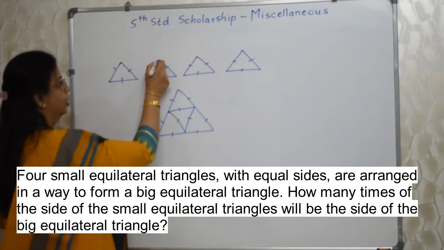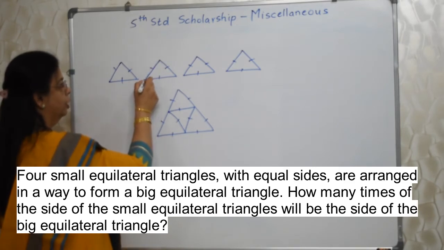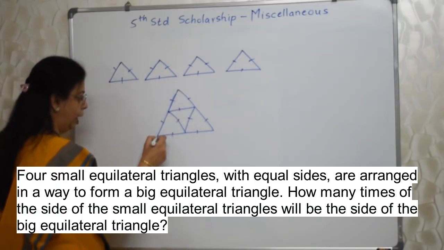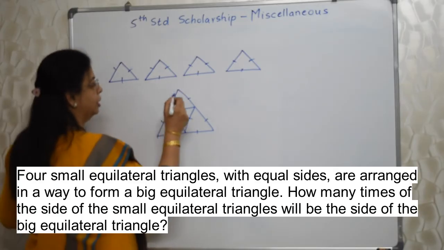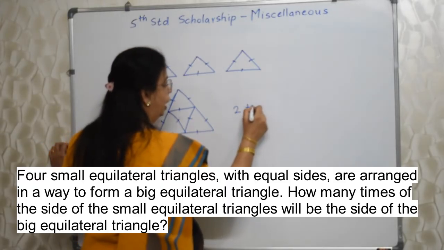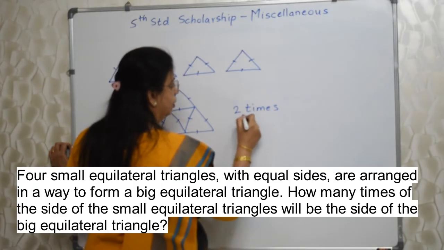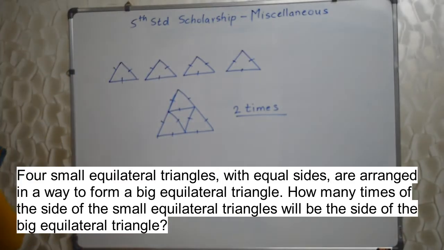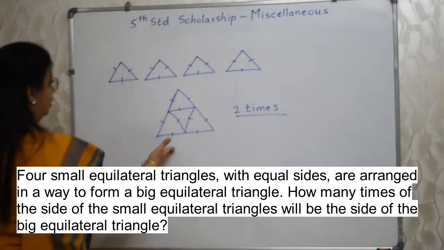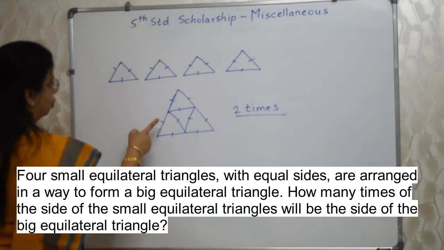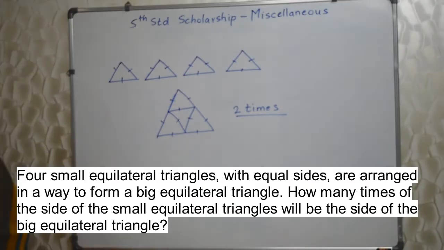So here, this is one side. Like that, here there are 2 sides. Means the side of the bigger equilateral triangle is 2 times the side of the smaller equilateral triangle. Just observation, right? This is only one side. Like that there are 2 sides. So 2 times. Okay. Let's go ahead.